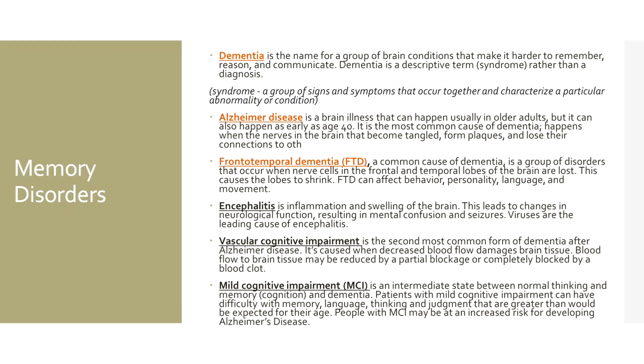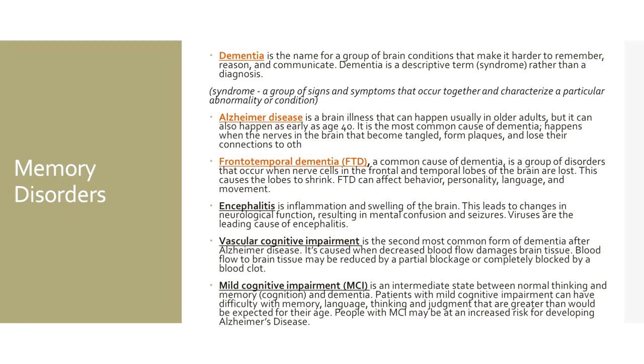So sometimes we can connote dementia, no, to other types of diseases because yun nga, nangyayari din ito sa mga diseases. So a syndrome is different from a symptom. Okay, a syndrome is a group of signs and symptoms that occur together and characterize a particular abnormality or condition. So group of signs na siya and symptoms, no? Yun ang syndrome. Okay? Different siya sa symptoms.